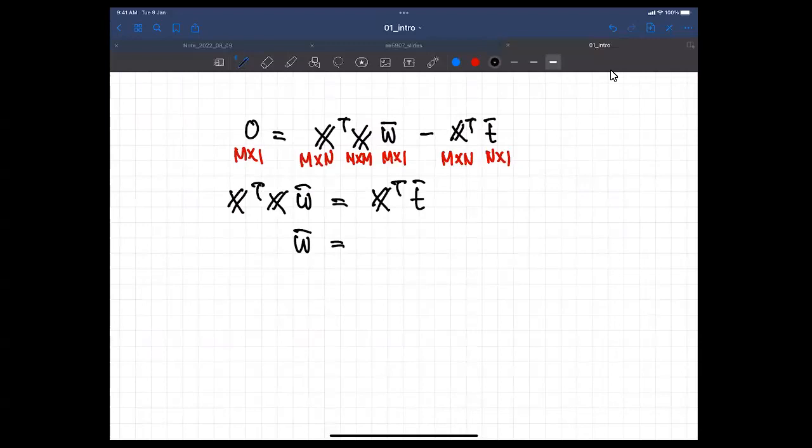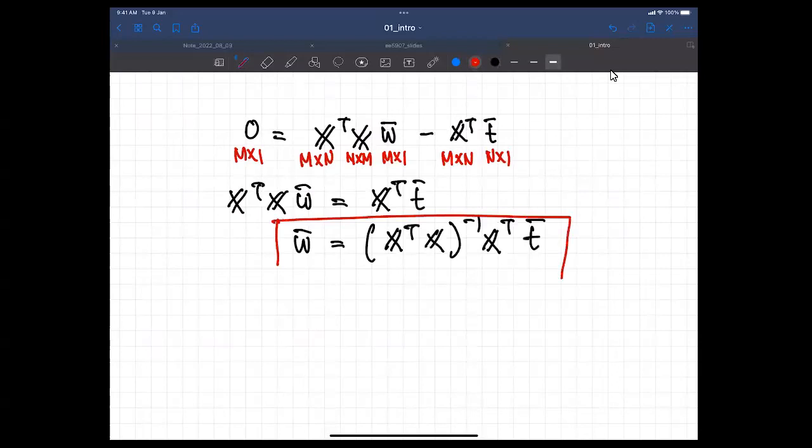It is the inverse of X transpose X, times X transpose T bar.